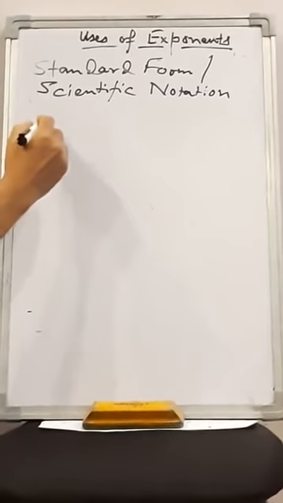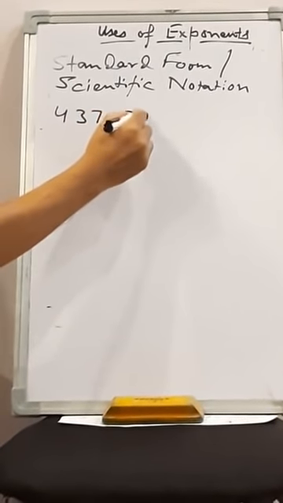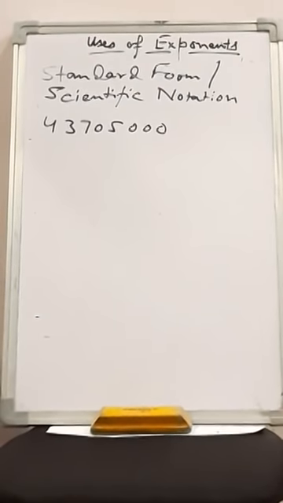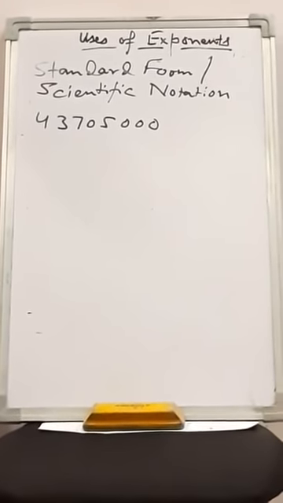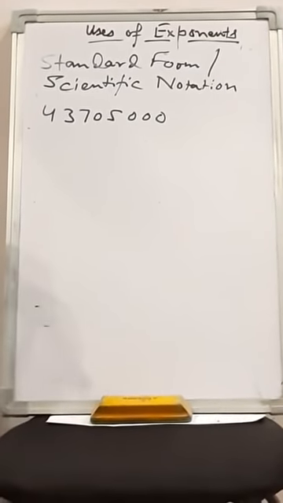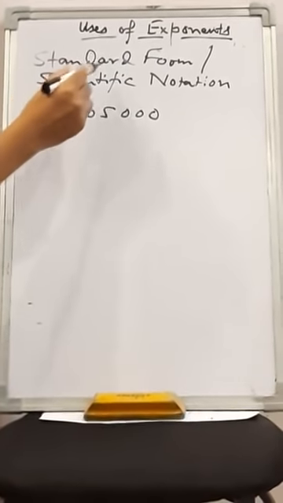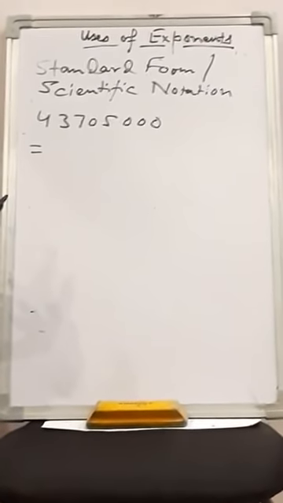Suppose you are given a number 43705,000. So it's a large number. To make it easier to write and convenient to understand, we write this in standard form or scientific notation form.